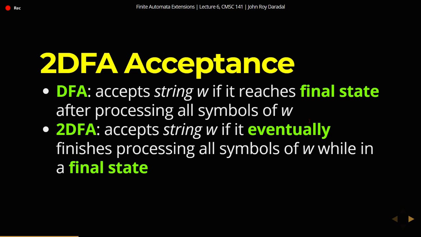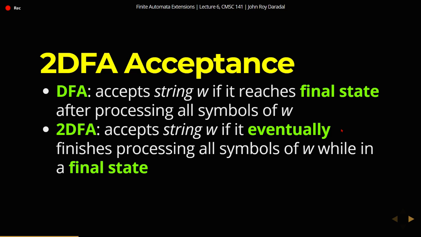But in the 2DFA, the 2DFA will accept string W if it eventually finishes processing all symbols of W while in a final state. So the key difference here is the word eventually. Why? Because we might not process the string the same way as a DFA. It might not be as straightforward as just processing each input symbol one by one, because you could go right, but you could also go left on the input symbol.